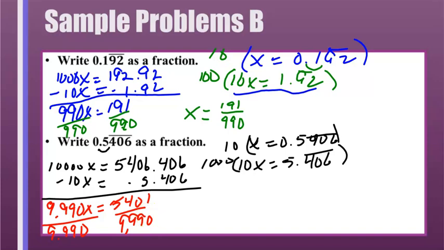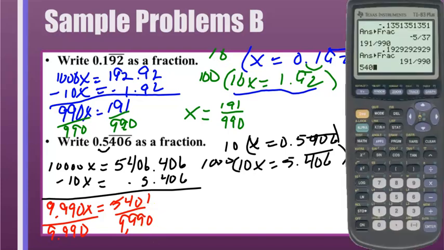And then we'll grab our calculator. So 5,406 divided by, let me check something here. I see the problem. I had 5,406.